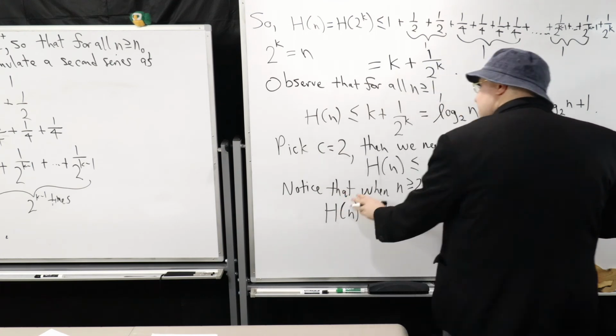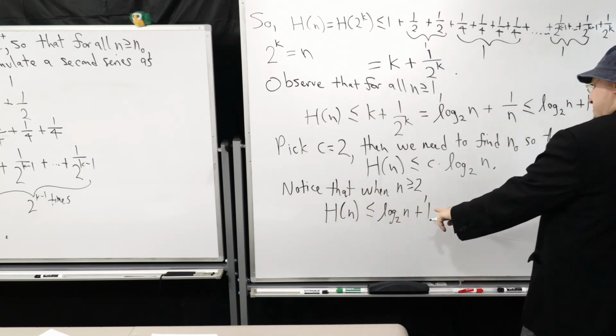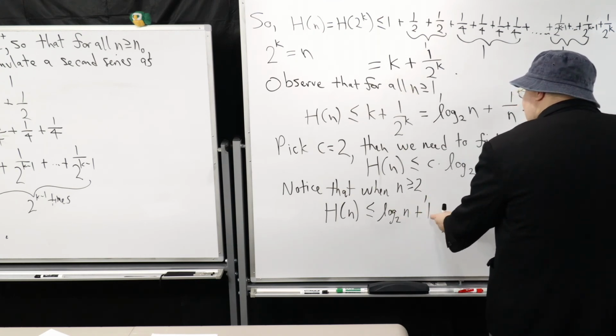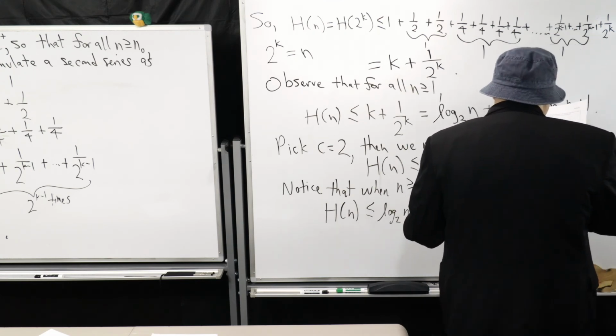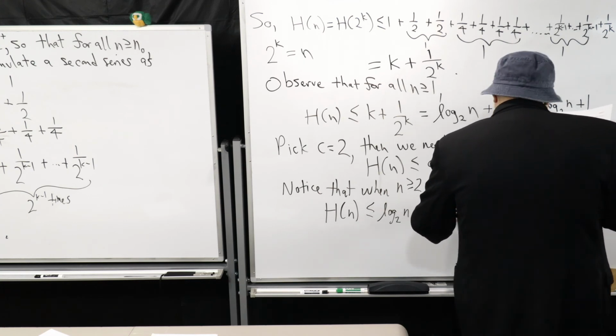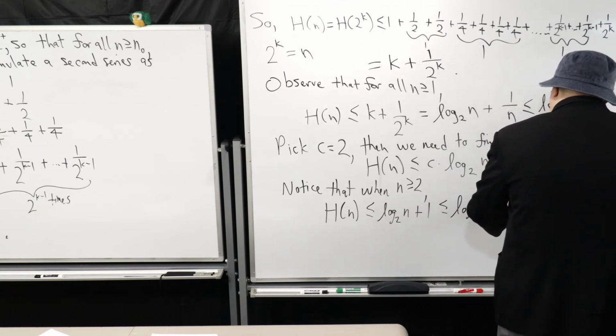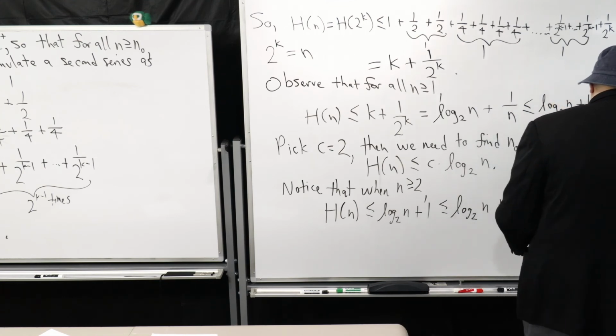So I'm going to start on the left-hand side. I already know this. And then I'm going to try to turn the 1 into log base 2 of n. So it's less than or equal to log base 2 of n plus log base 2 of n.